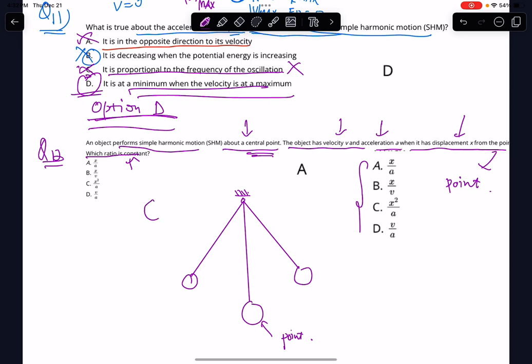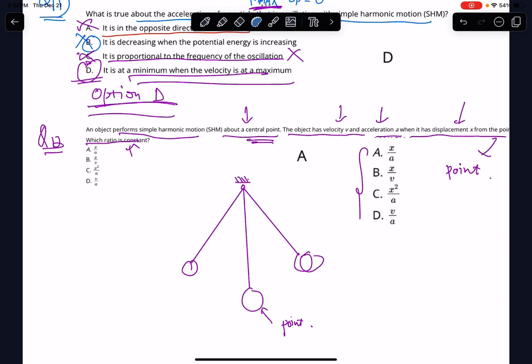The object is performing simple harmonic motion, so you're going to get this sort of pendulum movement taking place in this SHM, or in this approximate SHM. The pendulum, once again, is not a full SHM. It's sort of an approximation, but not that accurate a one. Okay, so the object has velocity v and acceleration a when it has a displacement x from the point.